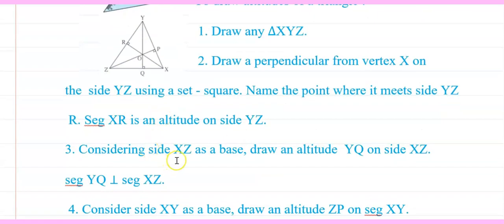Consider the side XZ as a base. Draw an altitude YQ on the side XZ. Segment YQ is perpendicular to segment XZ. That is the altitude of the triangle. Next, consider the side XY as a base.